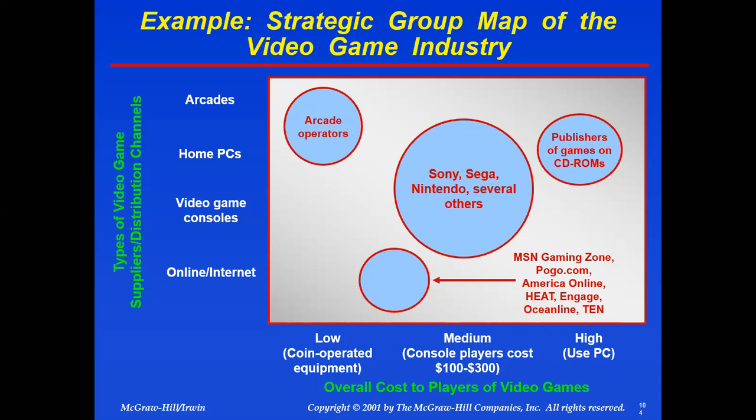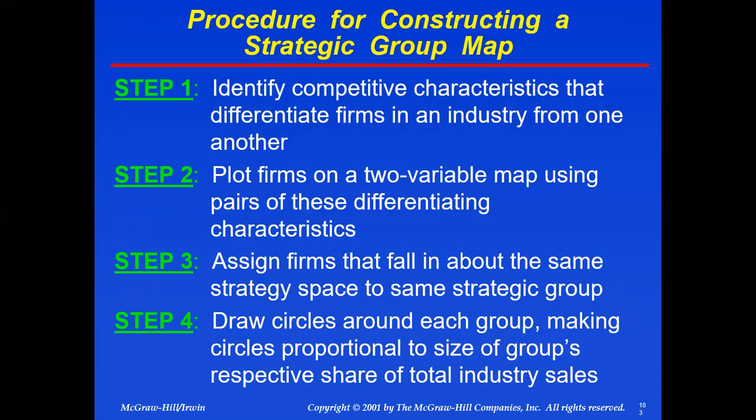As we have just seen the demonstration of the strategic group map, let me discuss with you the steps again so that you become familiar with how and why we are designing this matrix. Step one was to identify competitive characteristics, as we have seen on the x-axis and y-axis, that differentiate firms in an industry from one another.